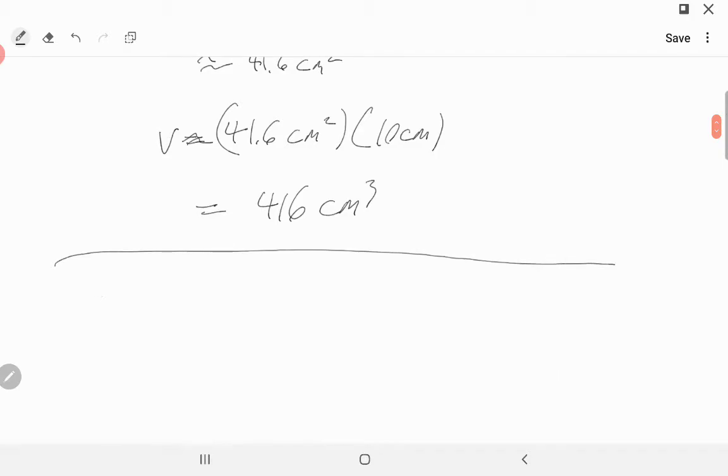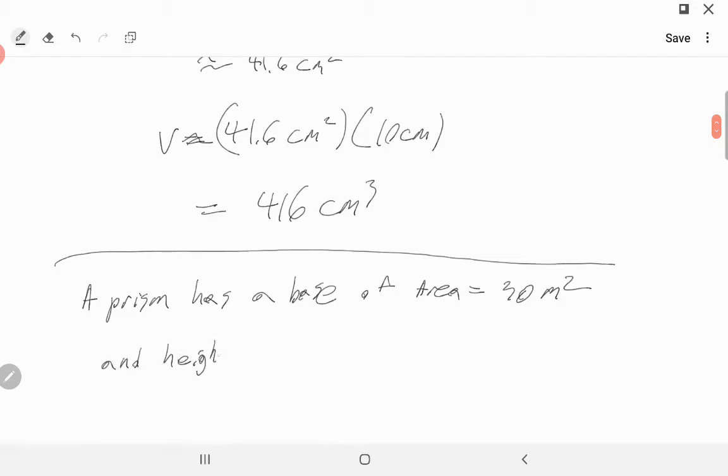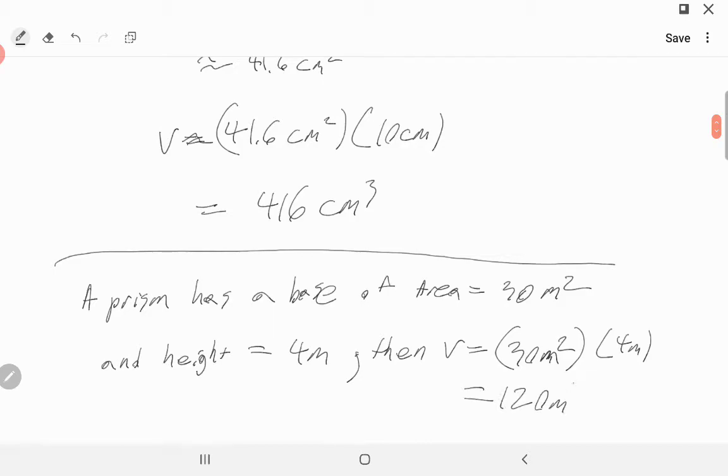If we were just told that we have a prism that has a base of area equal to 30 square meters and a height of 4 meters, the volume is just going to be that 30 square meters times the height of 4 meters, and we're going to get 120 cubic meters.